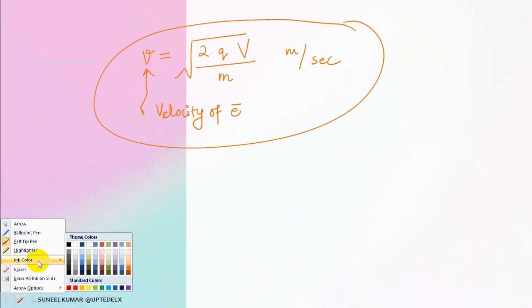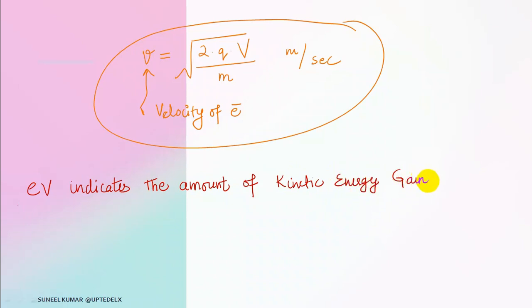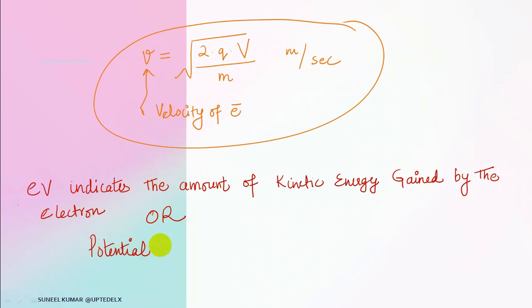We can also write that eV indicates the amount of kinetic energy gained by the electron, or potential energy lost by the electron.